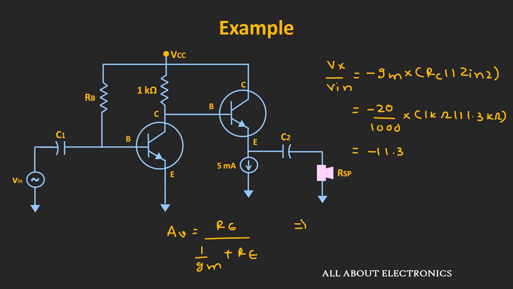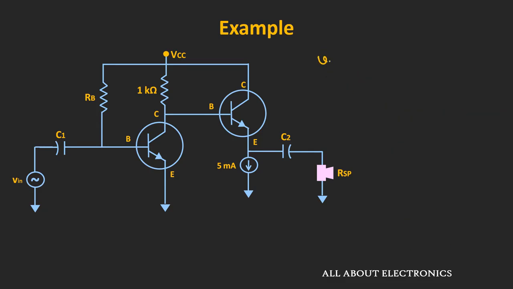So in this case, it would be equal to RSP divided by (1 divided by gm2 plus RSP). Because as I said, this current source will act as an open circuit. That means between the emitter and the ground, the resistance which is connected is the load only. That means for the given emitter follower, this is the expression of the voltage gain. Or in other words, it is equal to Vout divided by Vx.